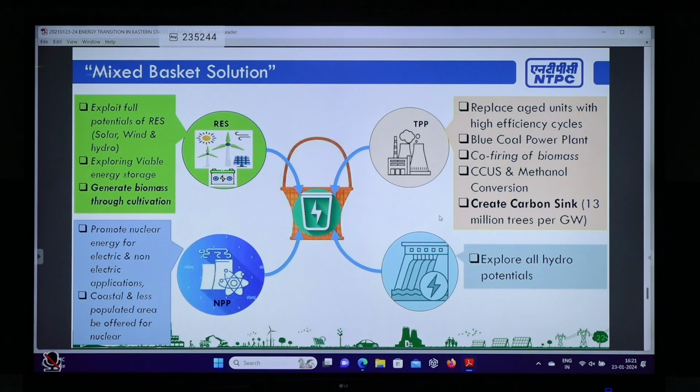We have to educate them to increase acceptability. Then for thermal power plants, you create a carbon sink to compensate for whatever delta remains. As your capacity builds up, you can finally eliminate coal. I don't say 2070 will be the goal to eliminate it. You cannot eliminate it by then. Maybe at the end of the century you can make coal power plants zero, something like that.